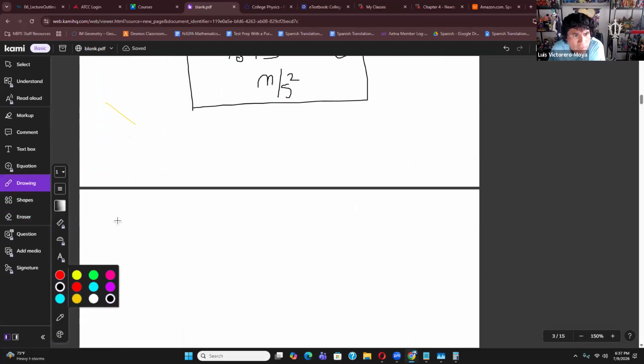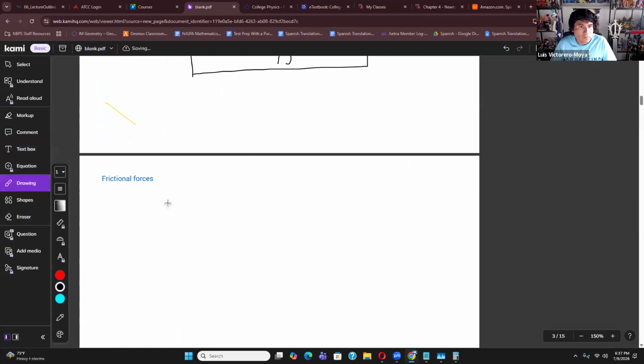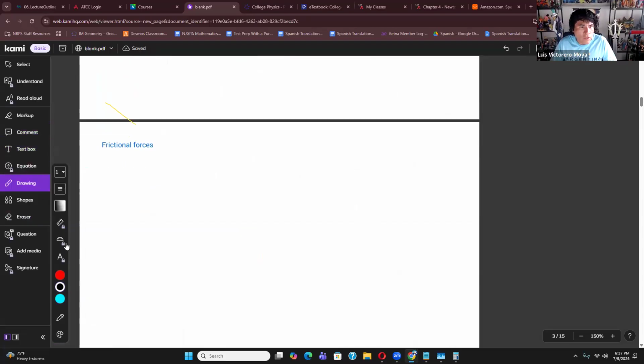So we can have that the friction, normally we draw it like this, friction with a lowercase f, is equal to mu n.